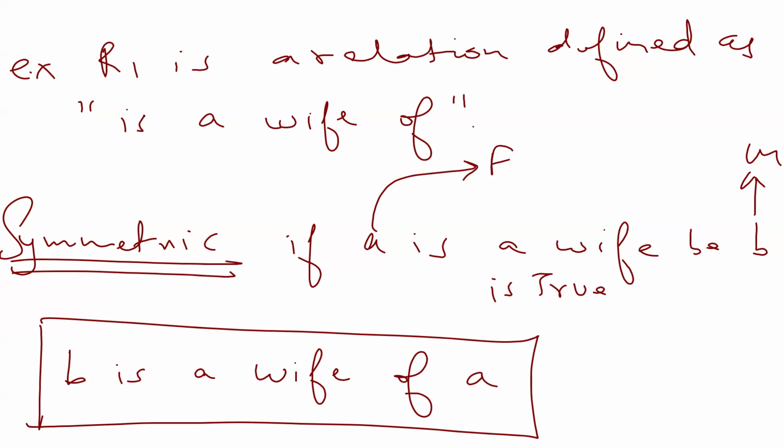If A is a wife of B is true, the reversed statement, is it true? The answer is no. This isn't true. Therefore, not symmetric.